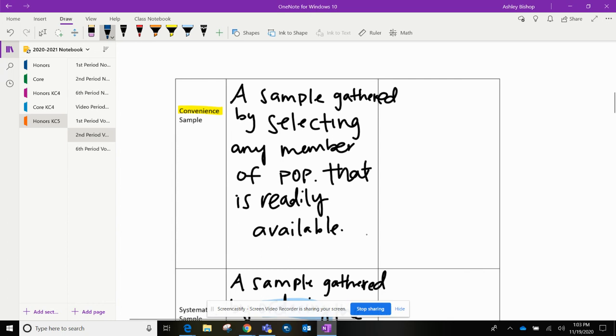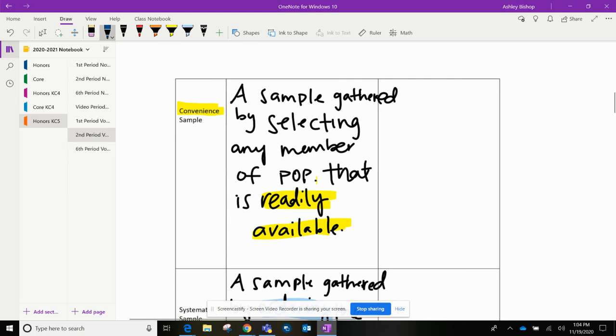A convenience sample is exactly what it sounds like. The word convenience means easy. This would be a sample gathered by selecting any member of a population that is readily available. Readily available means that it is convenient for you. You will usually see this in problems where I set up my desk to ask students at the exit of the school.